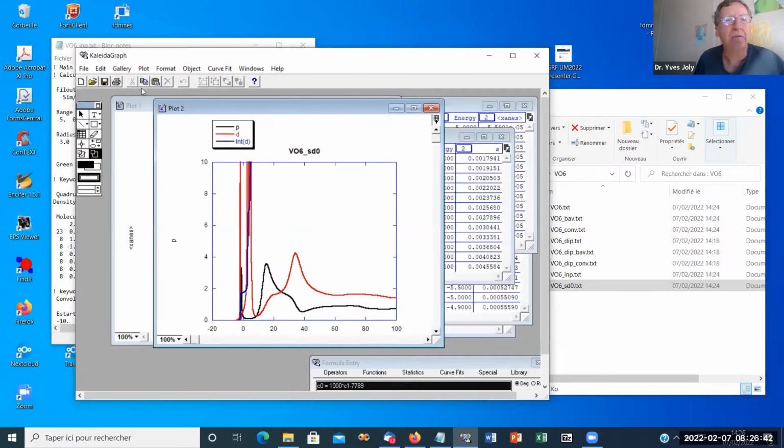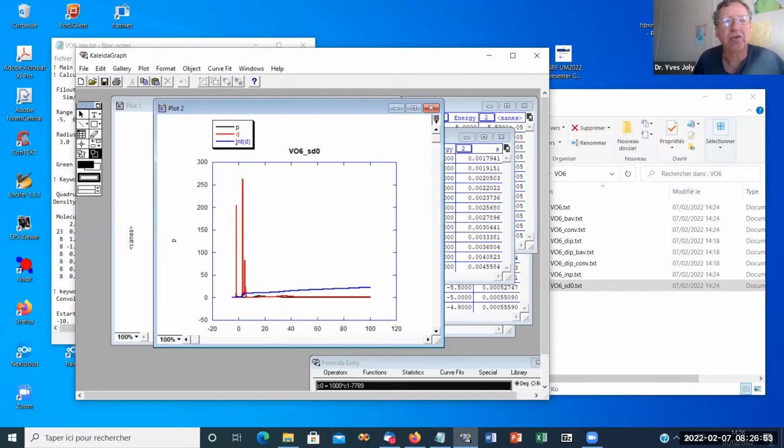Okay. Now, if I look at only the D state, the red one, you can see that they are all here. There are some after, but we're interested by this one.